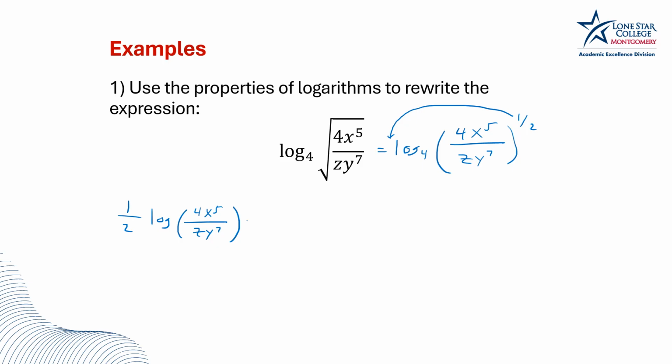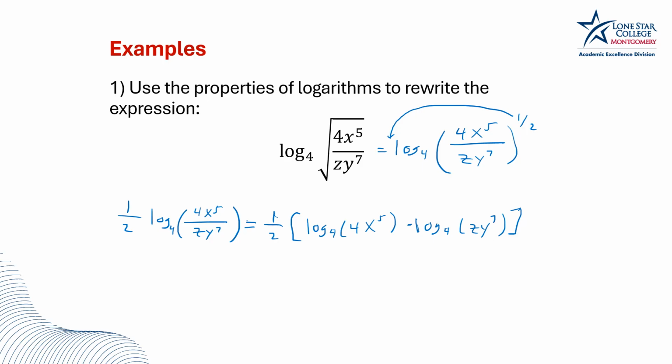You want to still keep in mind though that that 1/2 should still be in the front. So we can write this as 1/2 bracket log base 4, make sure I have the 4 here, of 4x to the 5th minus log base 4 of z times y to the 7th.